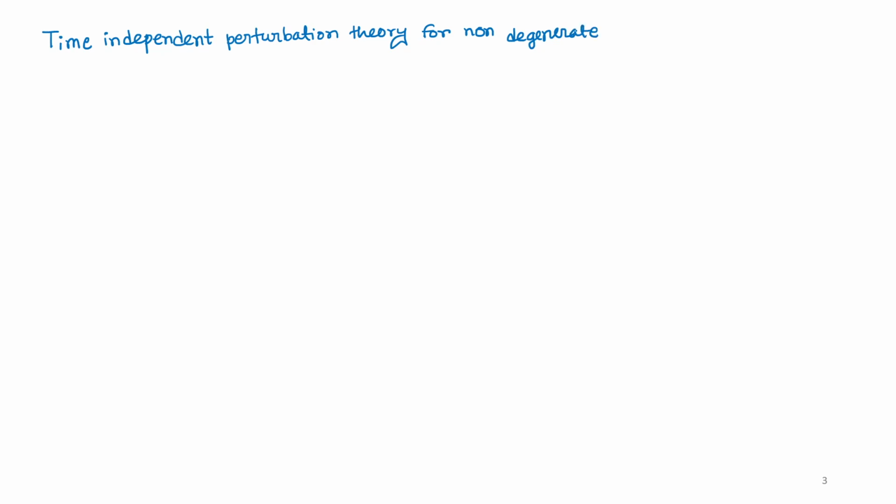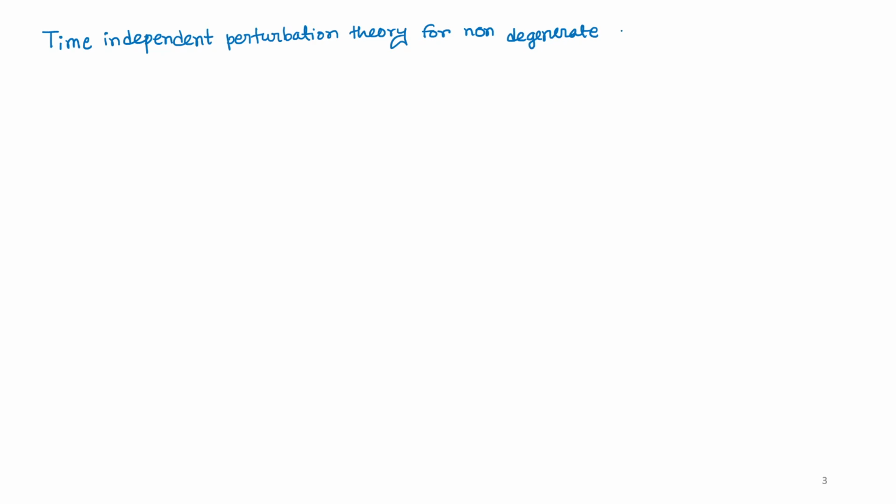Non-degenerate means we are going to discuss those systems which have different energy levels. So these states like psi 0, psi 1, and so on have different energy. If they have similar energy, then they are degenerate states. For those, the expressions are a little different, which was already discussed in the lecture by Professor Datta, I guess.